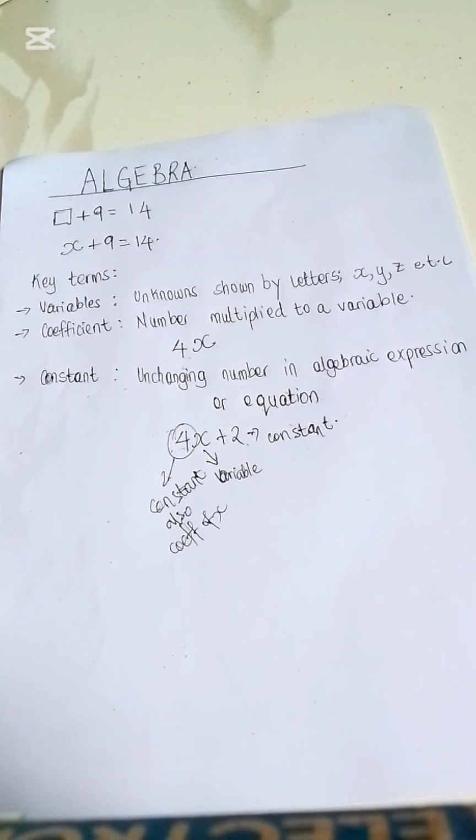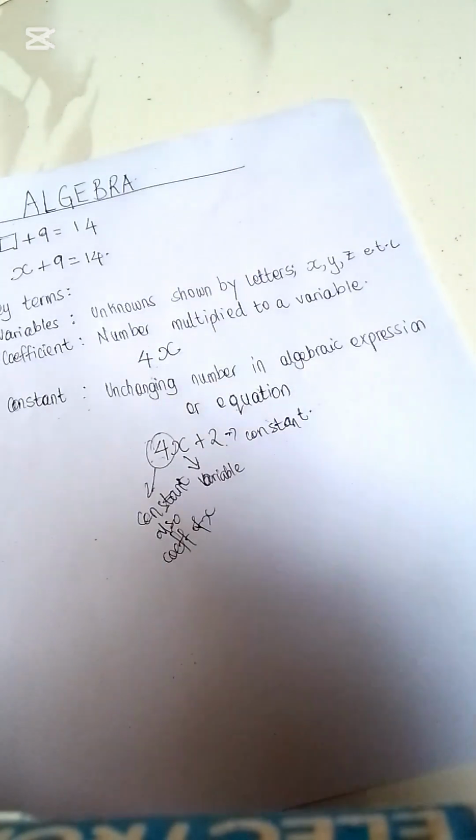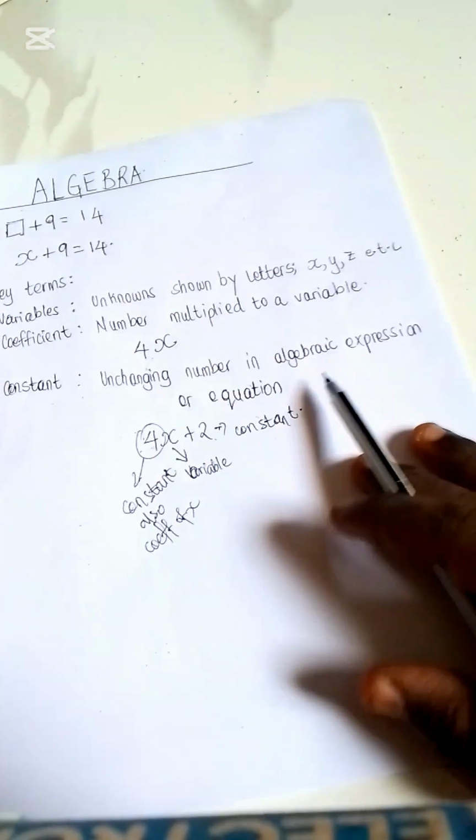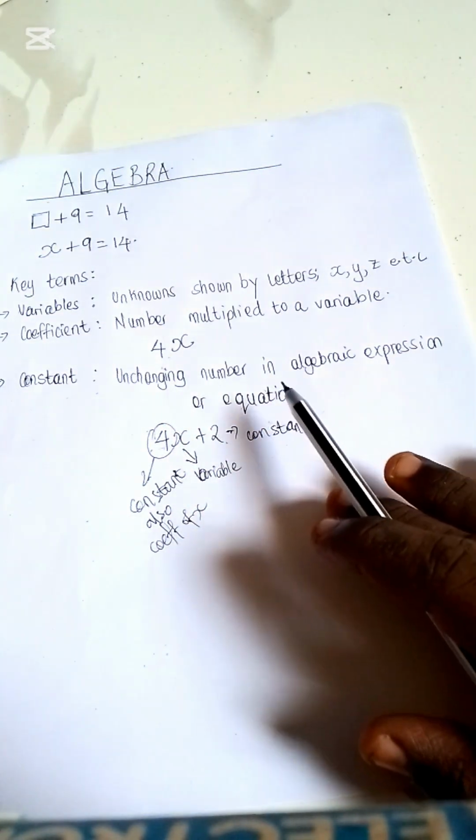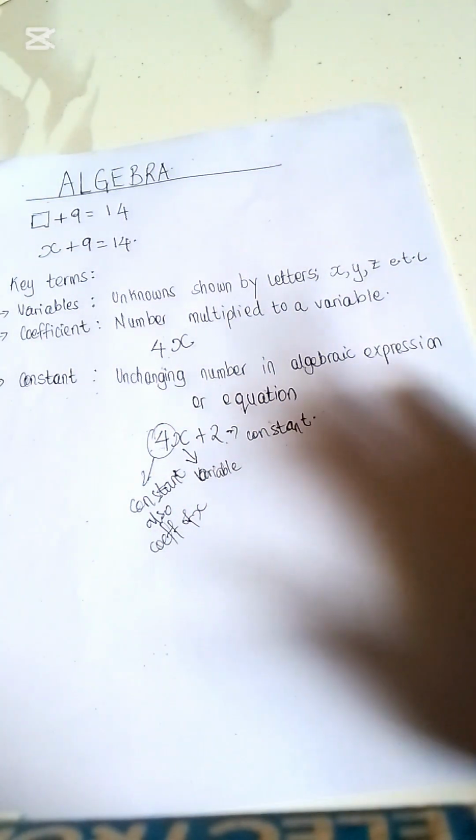Also, we have to understand the differences between expressions and equations. As we have seen, I defined a constant as an unchanging number in an algebraic expression or equation. Are they the same or are they different?